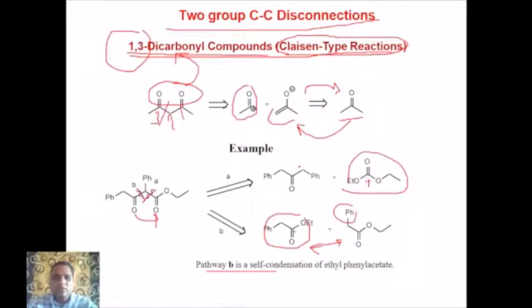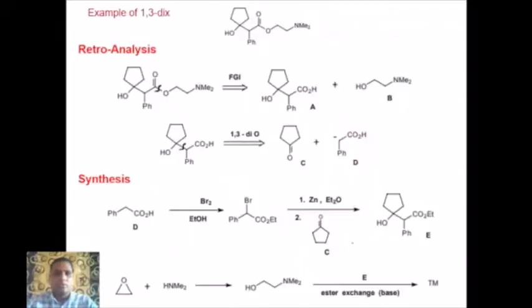Since these are very similar, the same compound, you see Ph, Ph, CH2, CH2, COOEt, COOEt, both are the same, and that's why via self condensation we can generate the product, because the Claisen type of reaction comes under the carbanion condensation reactions where base promoted reactions are there, and once you put the base, self condensation goes to form the products.